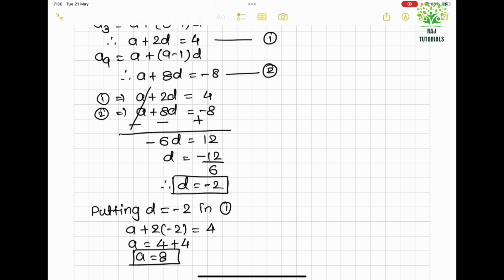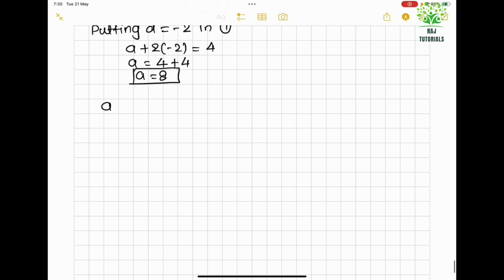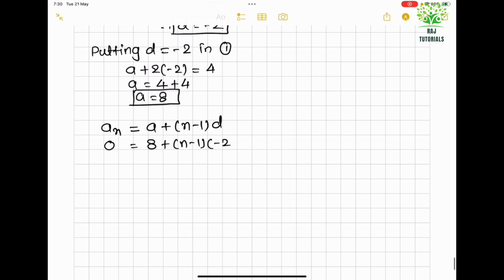Now I know the value of A, I know the value of D, and I am asked the term which is 0. So again using the formula An equal to A plus n minus 1D, I have to find the value of n. So this is An is 0, A is 8 plus n I don't know, and D was minus 2.